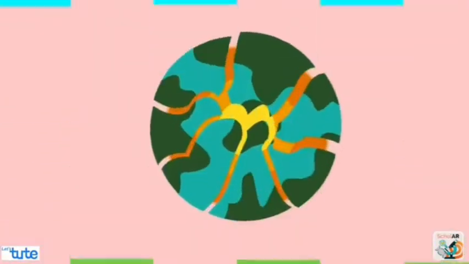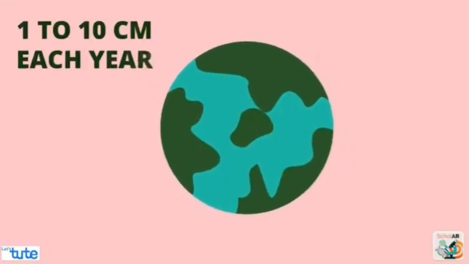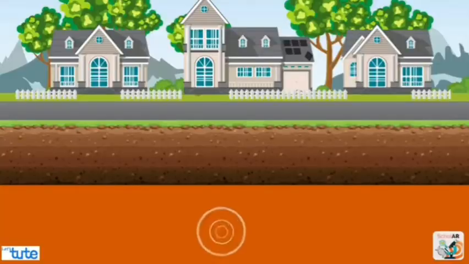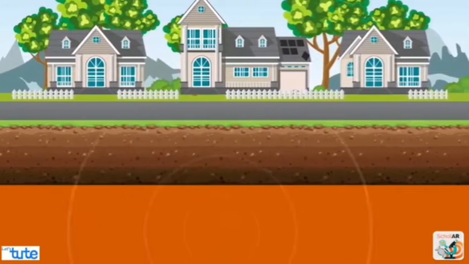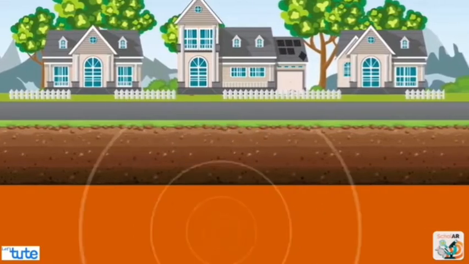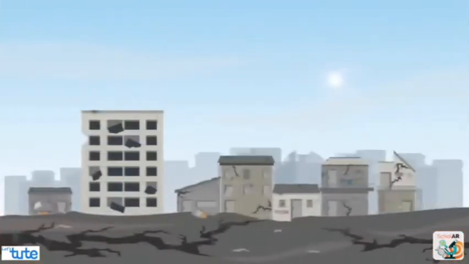These plates move around 1 to 10 cm each year. But don't worry, not all these movements can be felt by us. Sometimes these movements are extremely strong and can be felt like a lot of vibrations under your feet, or can even destroy an entire city.